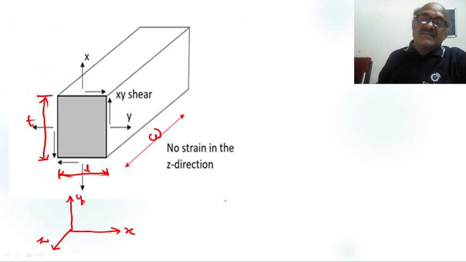In x direction, the dimension of the object is L. In y direction, the dimension is T. In z direction, the dimension is W, my dear students.